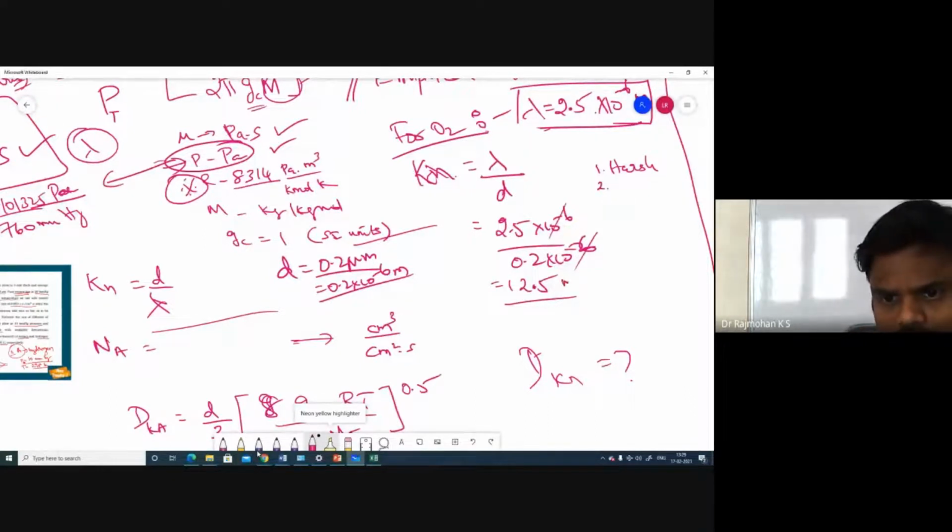This is a no unit. So Knudsen number is greater than 1. Therefore, Knudsen diffusion is taking place. You can confirm, right? Knudsen diffusion takes place.